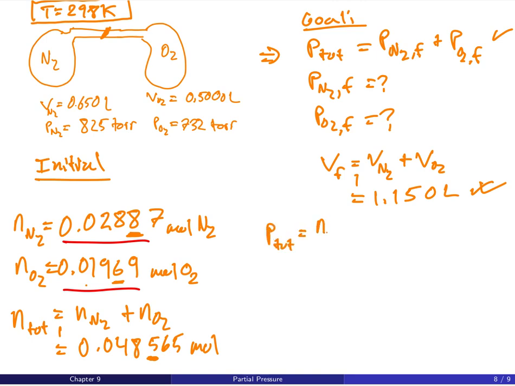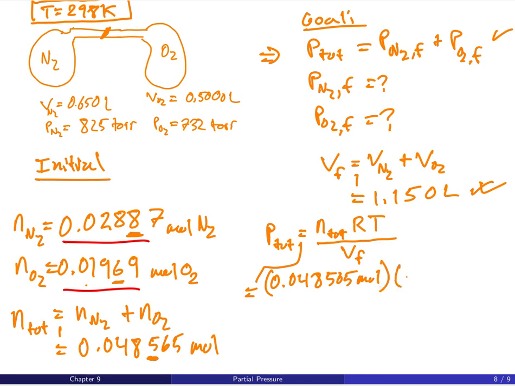Total pressure is going to be the total number of moles we just found times RT over that final volume after we've mixed everything together. So we're going to plug in these values, 0.048565 moles. We know R, in liter atmosphere per mole Kelvin.